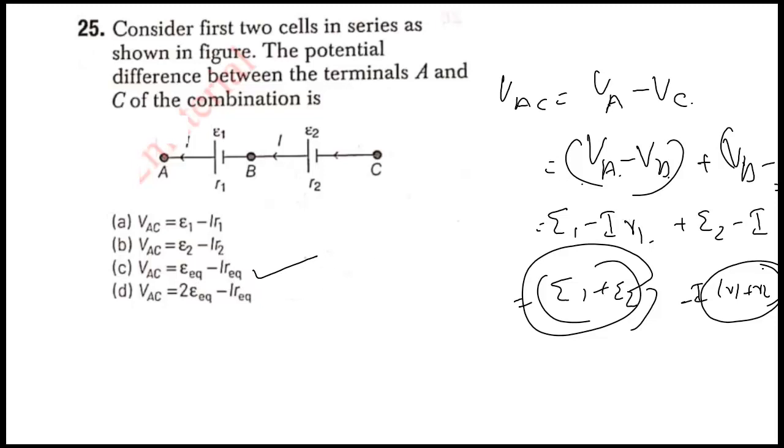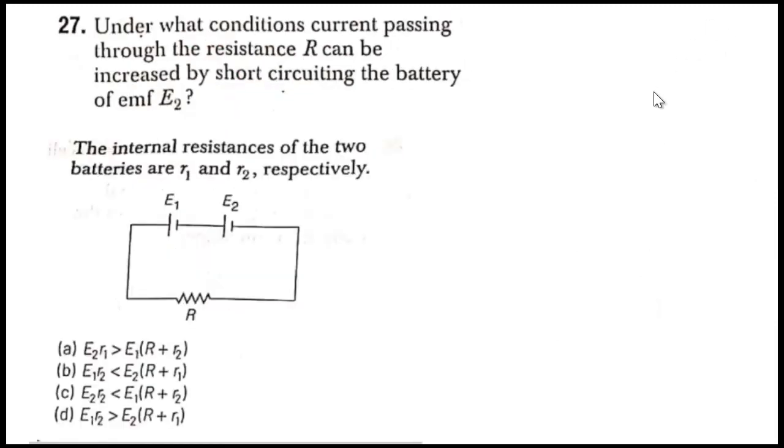Okay, clear? Next question. Under what condition can the current passing through the resistance capital R be increased by short circuiting the battery of EMF E2? The internal resistances of the two batteries are given by R1 and R2. So what is the condition for getting this, by short circuiting the battery of EMF E2?